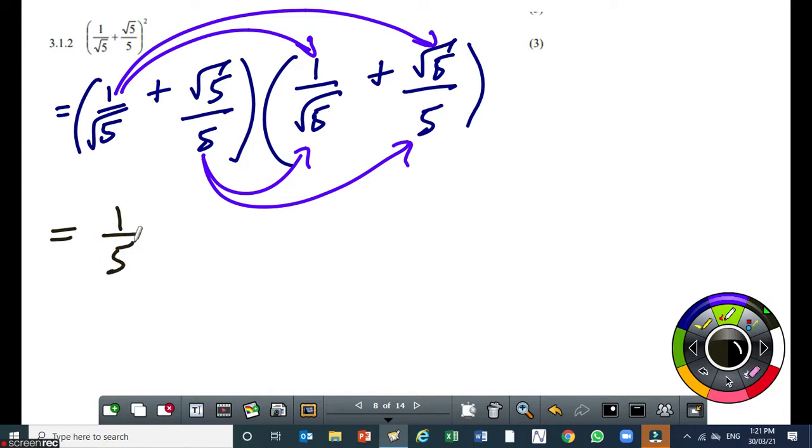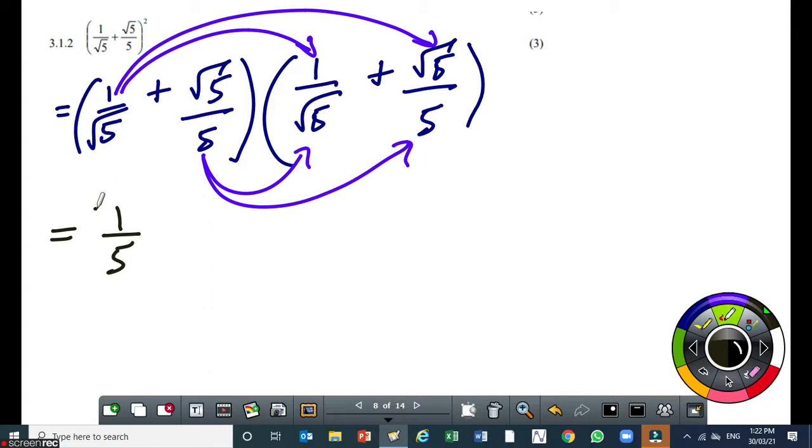By now we should know that square root of 5 times square root of 5 is 5. Then 1 over square root of 5 times square root of 5 over 5 is going to give you another 1 over 5. If I multiply this by that, I'm also going to get 1 over 5.